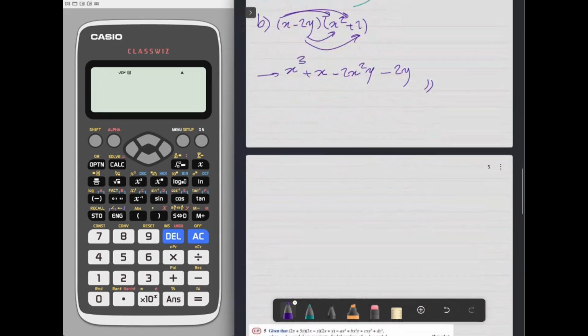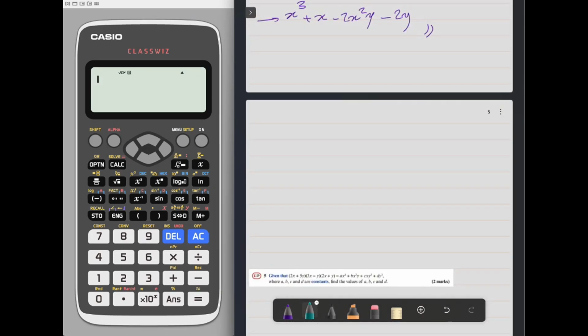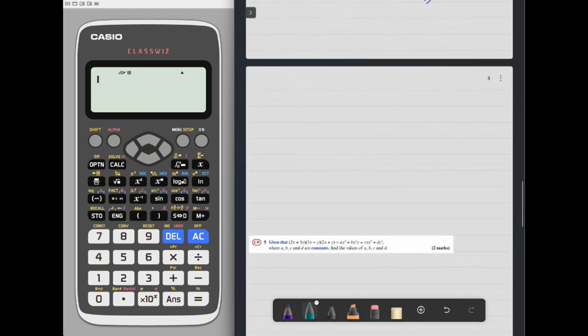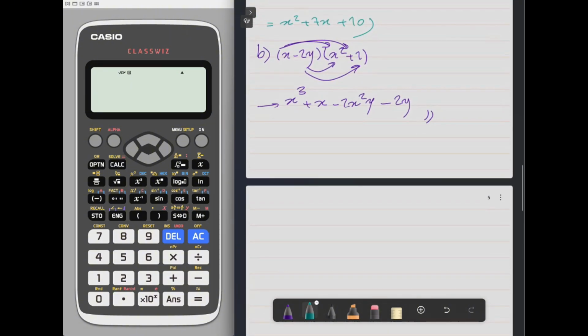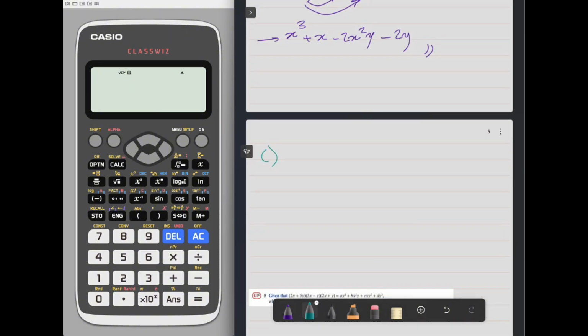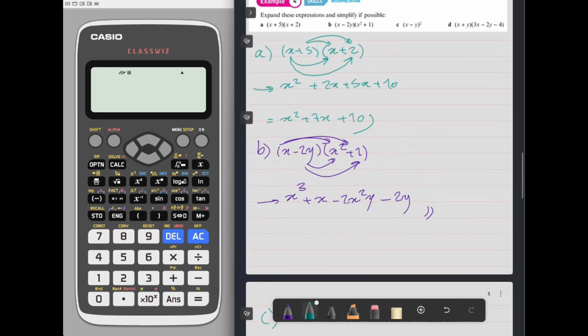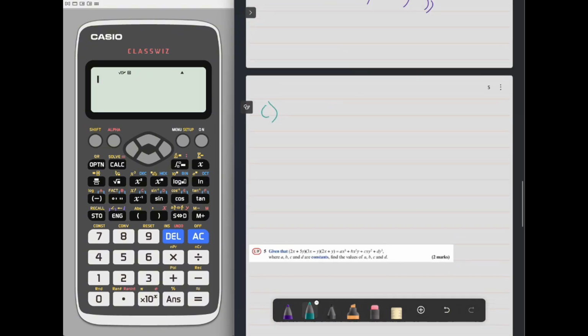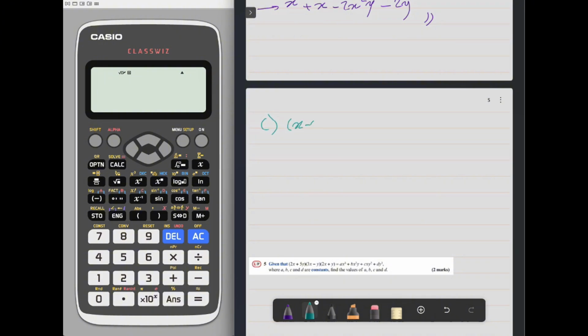Part C: x minus y squared. It is simply x minus y times x minus y. x times x, x times minus y, minus y times x, and minus y times minus y.